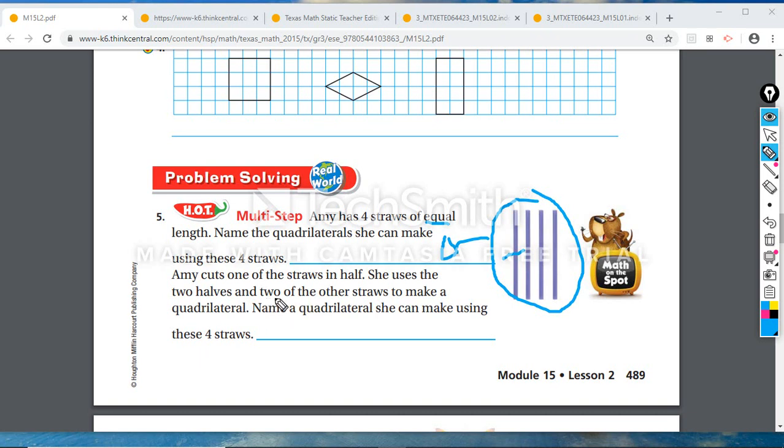So remember, she'll do one with the four straws, and she's going to use the two halves. She's going to cut this one in half, and she's going to use two more of these to draw out your shape. So let's see what you can come up with, and I'll show you the possible answers.